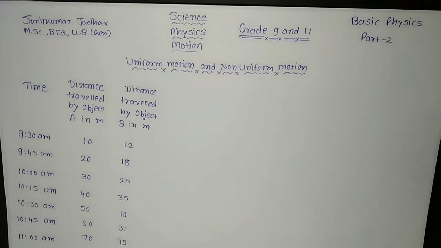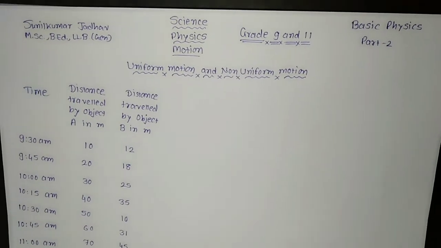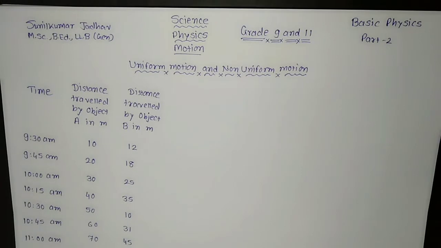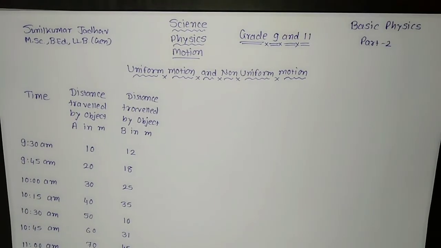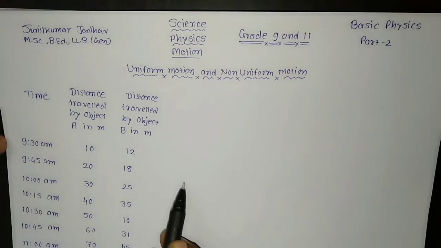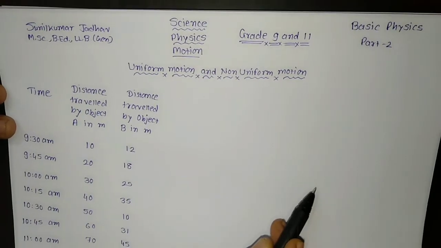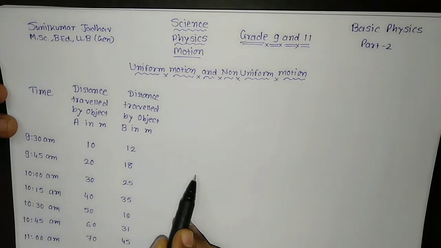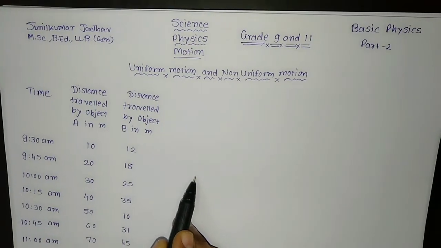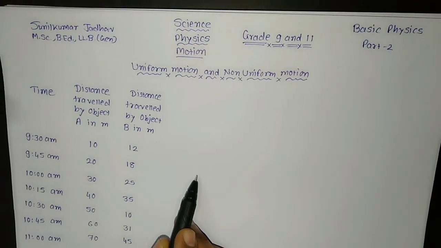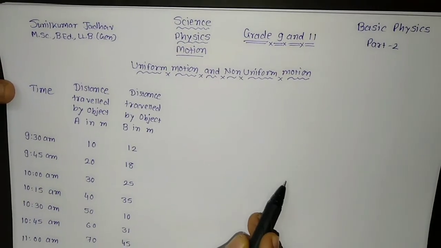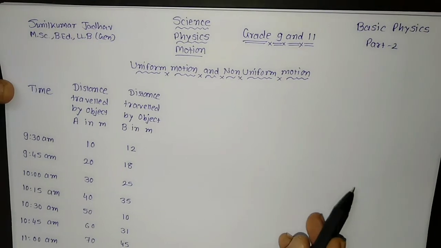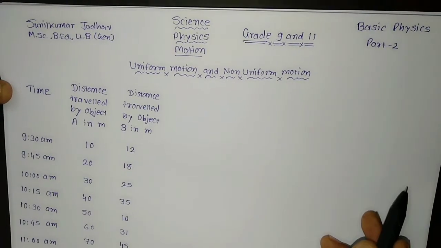How do you understand uniform motion, and what is non-uniform motion? If an object is moving along a straight line, let it travel 5 meter in the first second. Let me say one object is traveling on a straight line. It covered 5 meter in the first second, then again 5 meter in the second second, third second 5 meter, fourth second 5 meter, fifth second 5 meter, sixth second 5 meter.